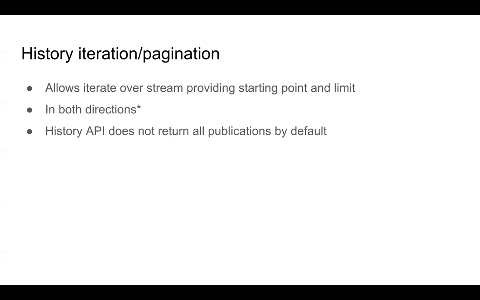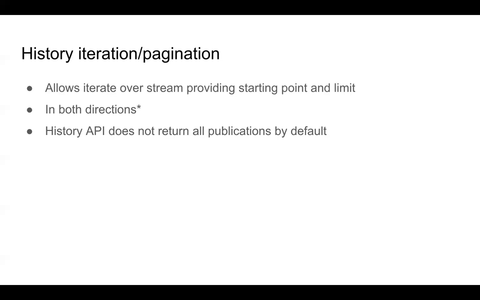History API won't return all publications by default. This is one important breaking change that can affect your applications. I will provide an option to disable this behavior. But starting from Centrifugo v3, by default, when you call history, it won't return publications at all.